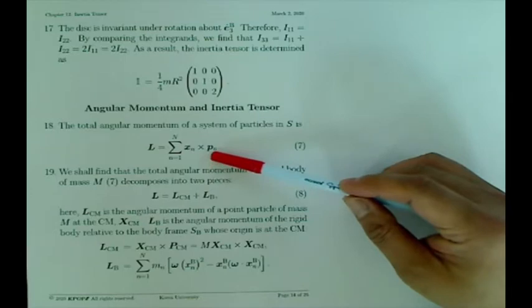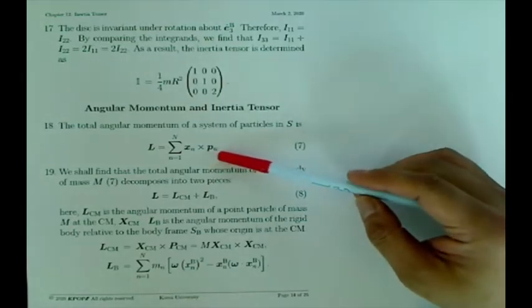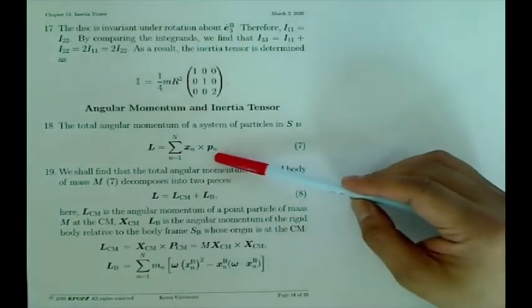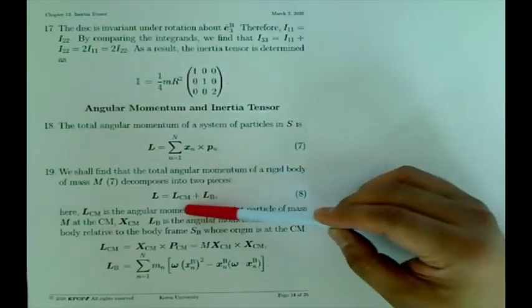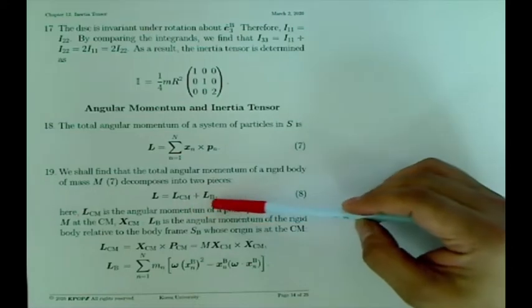After calculation, we shall find that the total angular momentum of the system is a sum of this and this.